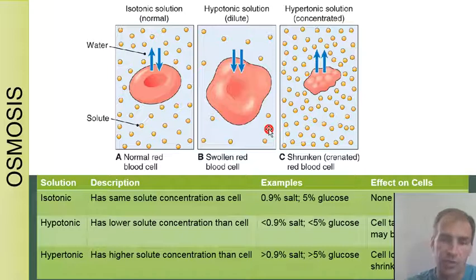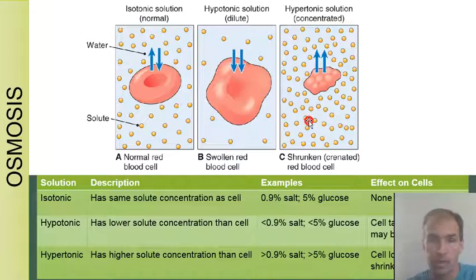Okay. Well, let's say you have a situation where we'll call it hypotonic, where you have a lower solute concentration outside that is now going to cause water to move into the cell. It's going to move across the cell membrane to where there's higher solute concentration. And because there's higher solute concentration inside the cell, water follows along that gradient, and the cell will enlarge. The solution will become hypotonic. The cell, in this case the red blood cell, gets swollen.